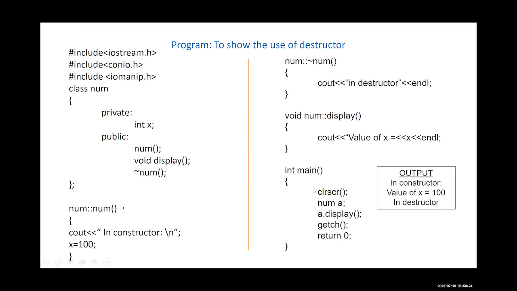When main ends, the function will invoke a destructor if there is any, and it will free the memory. I created an object, so the constructor got invoked and initialization happened. I called the display function and it printed this. I have not called the destructor, yet the compiler looked for a destructor, and since it exists, it executed it and the deallocation happened. How do I know that? Because this particular statement got printed: "in destructor".